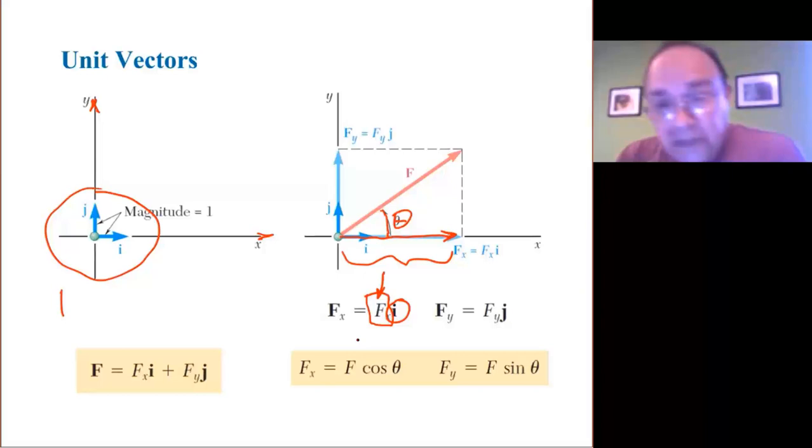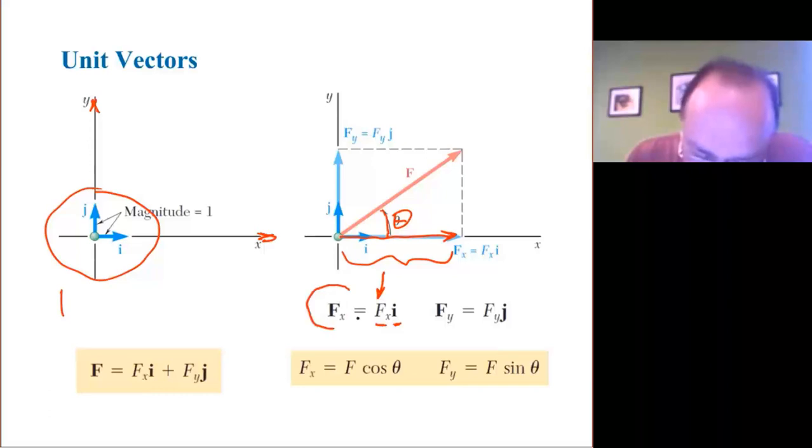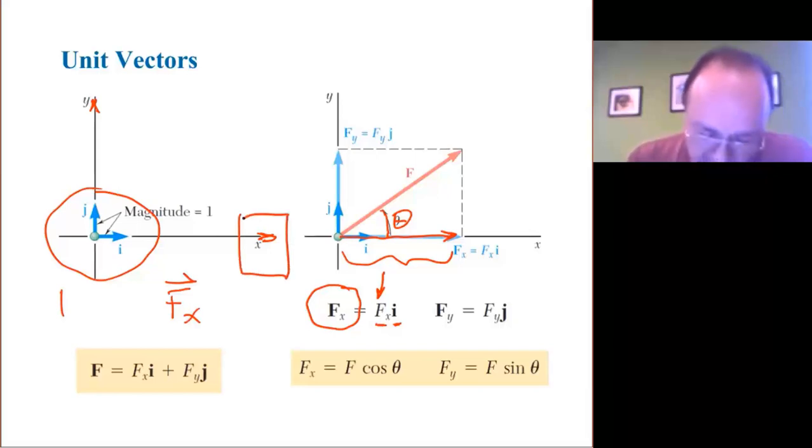You will see sometimes that vectors are represented by bold characters. You see the i is kind of darker here. If I multiply the magnitude by the vector of magnitude 1 in the direction of the x-axis, I obtain the vector Fx, which is a vector in the direction of the x-axis with a magnitude equal to Fx.